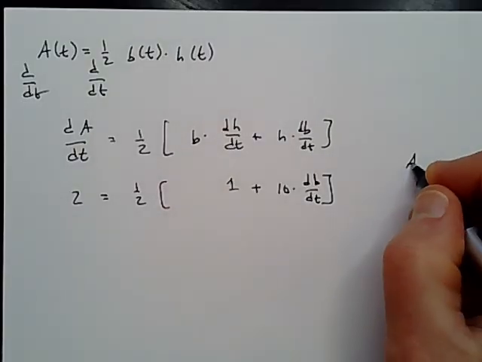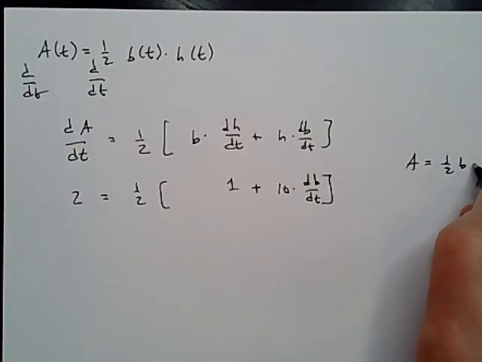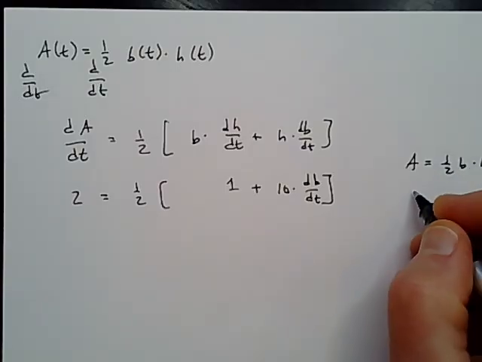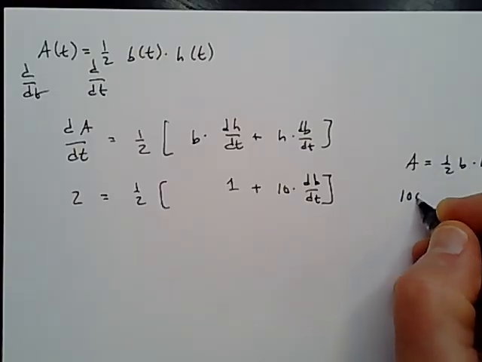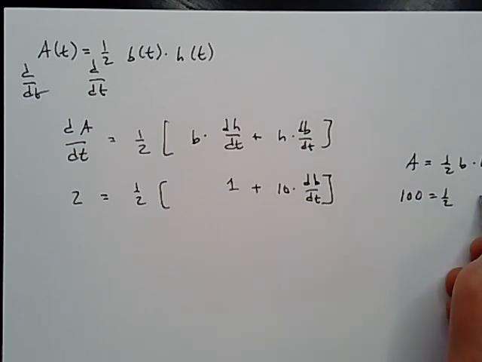So let's see, area is 1/2 base times height, and area is 100, and height is 10. So obviously from that I'm getting that you divide by 10, you get 10 is 1/2 b, so you multiply by 2, you get 20 equals b.